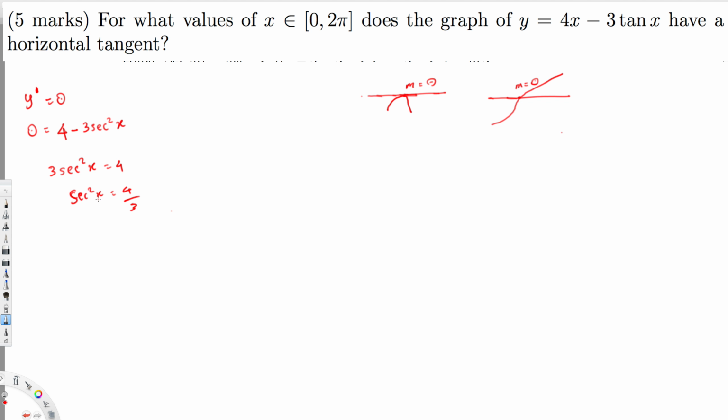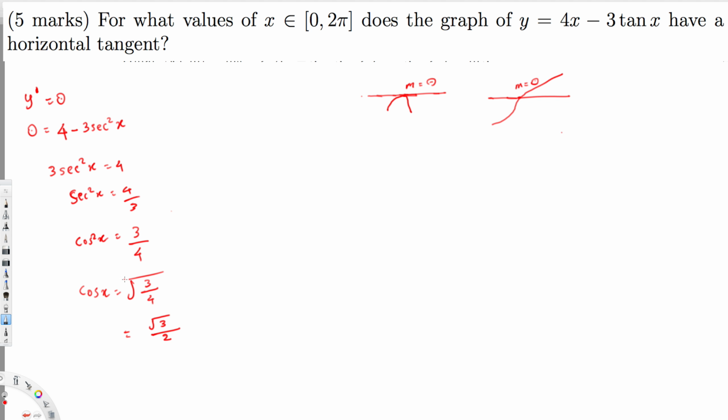Sec x is the reciprocal of cos x, so I flip this: cos squared x is equal to 3 over 4. Therefore cos x is going to be equal to the square root of 3 by 4, which gives square root of 3 by 2.